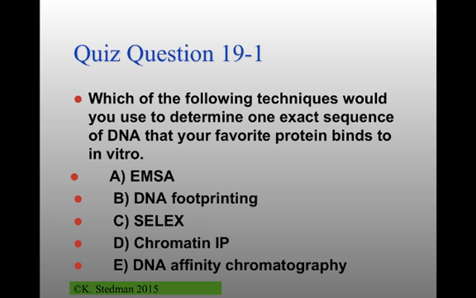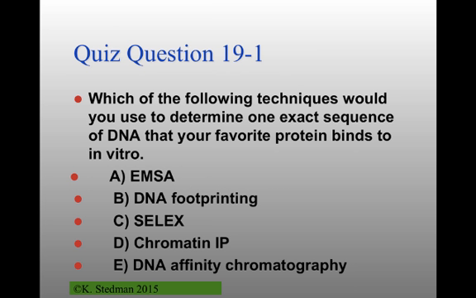So DNA affinity chromatography depends on what? It depends on actually knowing the exact sequence that your protein binds to, so you're not going to use that to determine the exact sequence. Trying to determine the exact sequence, that's probably the most important thing here, is the one exact sequence.